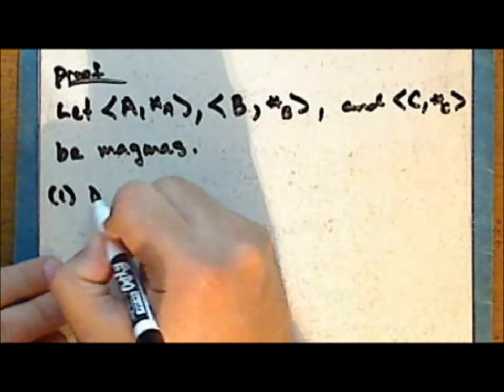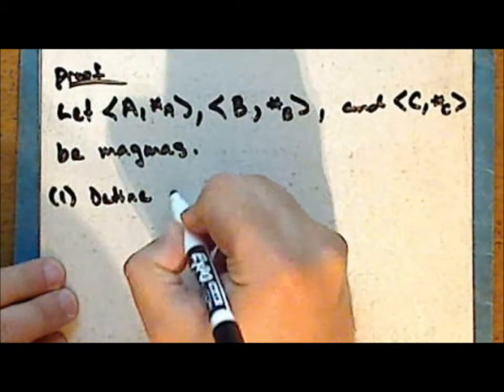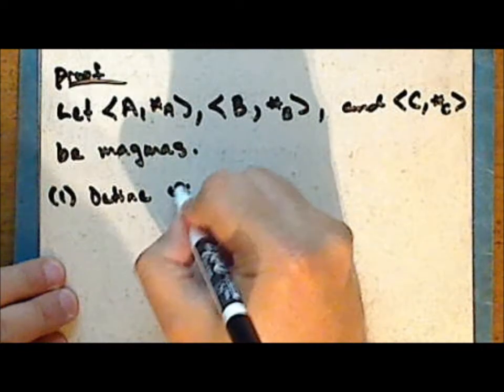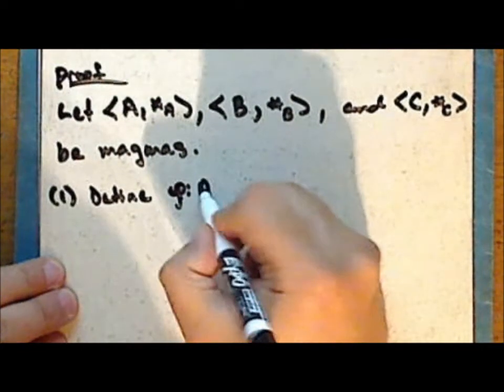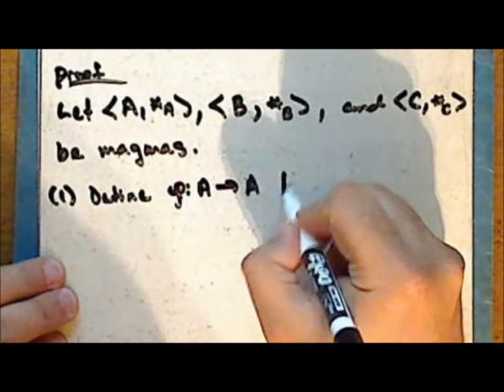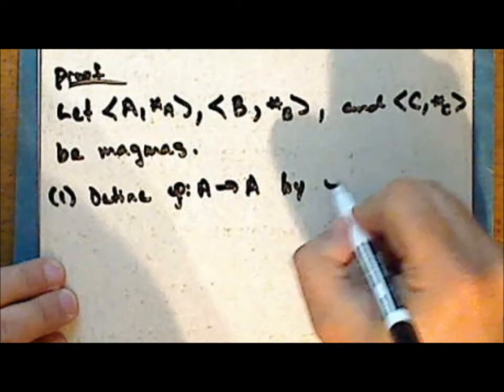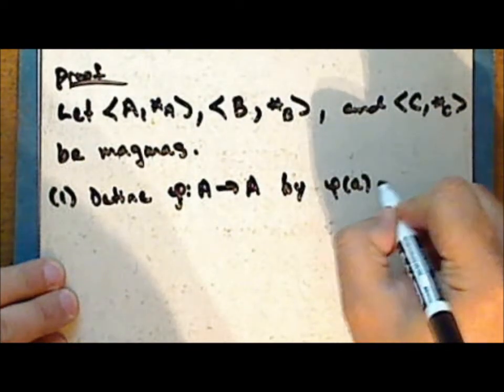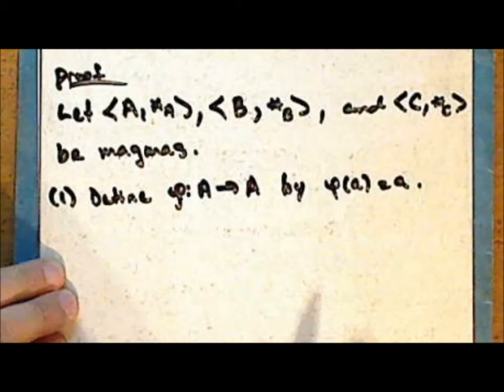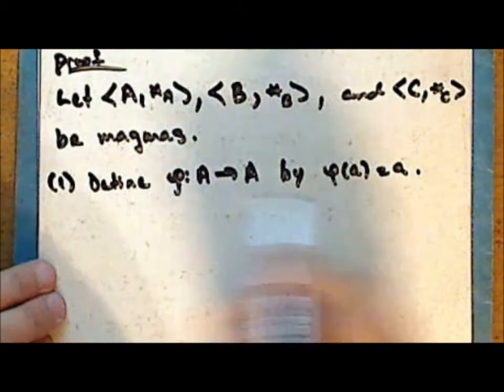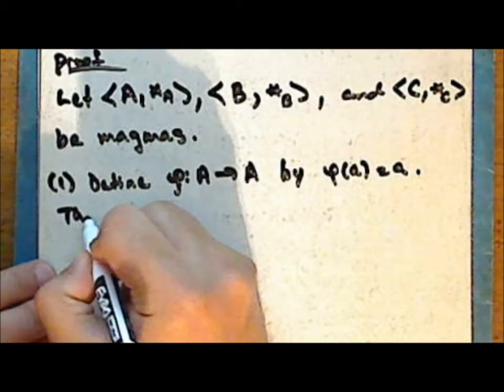So first, define a function phi from the set A into itself by the identity function, phi of A equals A. Then the identity function is certainly a bijection.